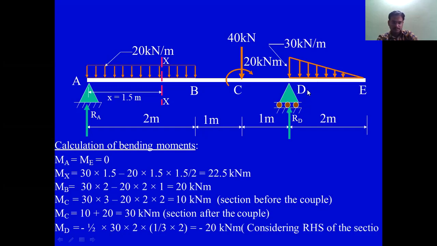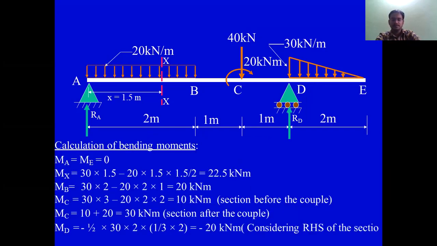So minus 1 by 2 into 30 into 2. So why is this 30 into 2? This is 30 and this length is 2. So it's a load, the intensity of load is determined first, into 1 by 3 into 2. So this will be minus 20 kilonewton meter considering right hand side.